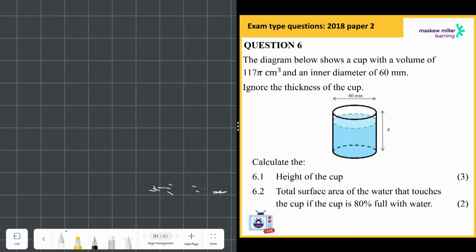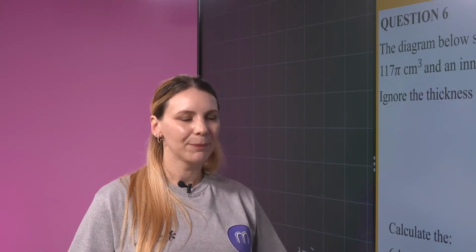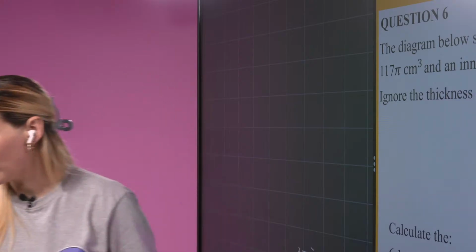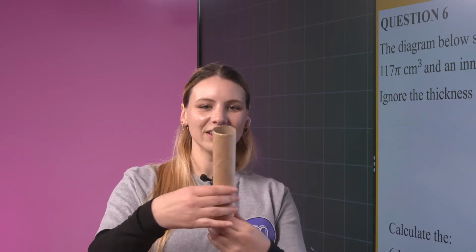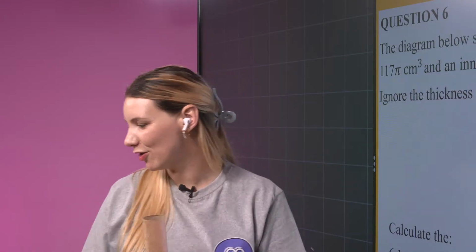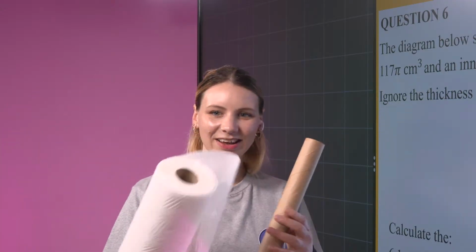Before we go to the questions, what do they mean by ignore the thickness of the cup? Well, first of all, if we have our cylinder, I think I'll take this as an example. So we have our cylinder here. This is just the inner part of a paper towel.